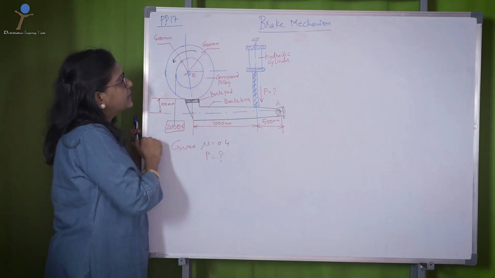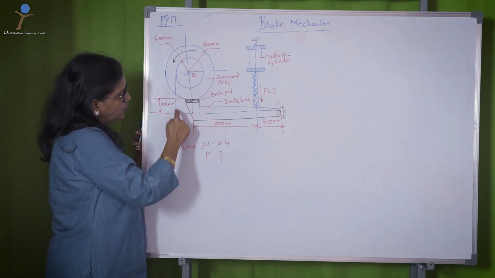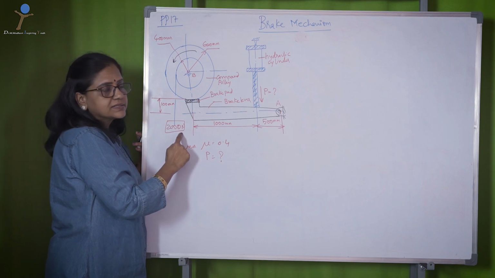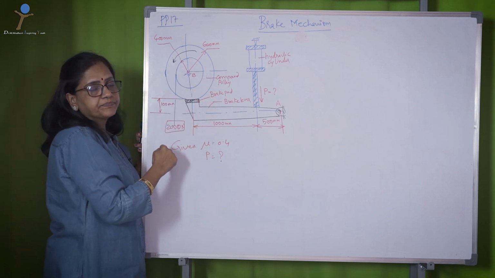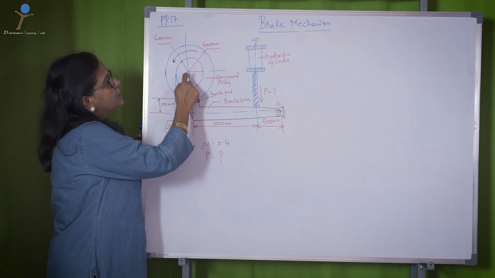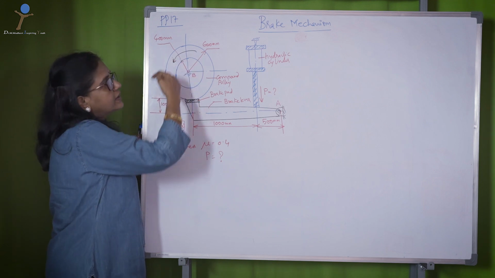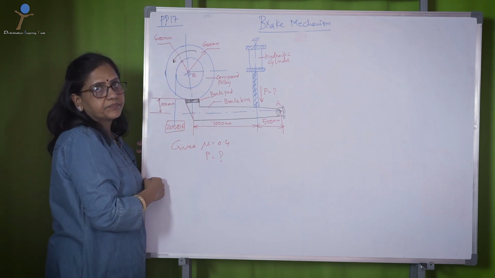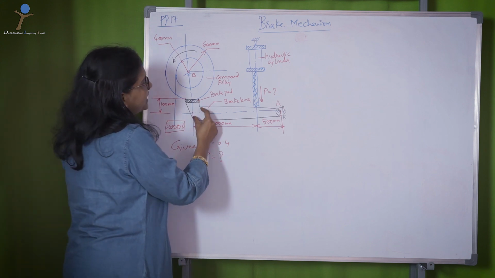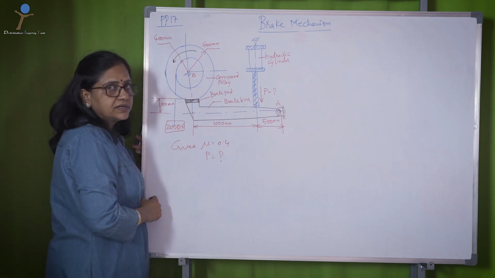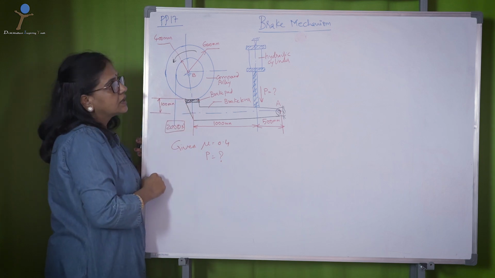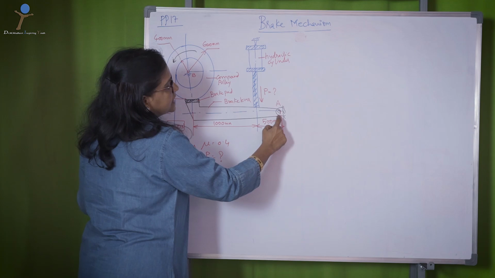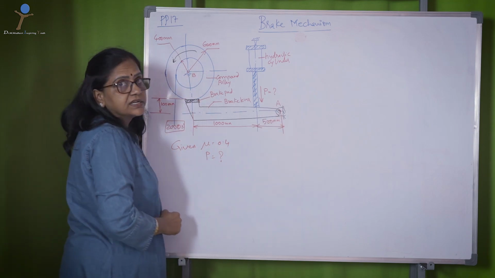So this is a compound pulley, and a weight of 2000 newtons is hanging on the small pulley. The small pulley rotates about B in the counterclockwise direction. Now, a brake lever is attached here, where the brake pad comes in contact with the compound pulley, and the lever on the other side is hinged at point A.